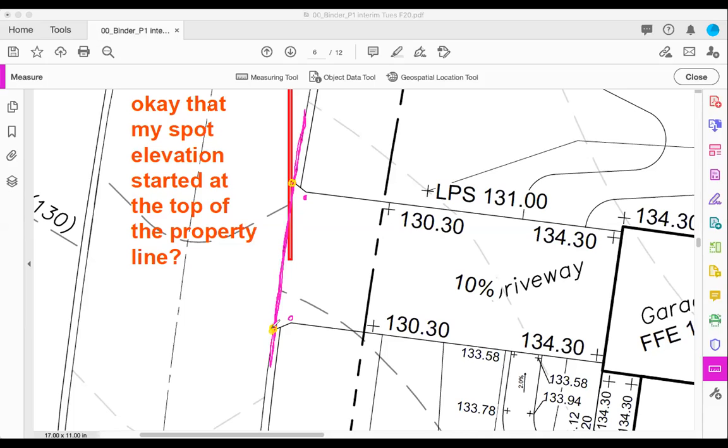So basically, I would measure this distance from here to there. I would measure that distance, and I would also measure the entire contour spacing.